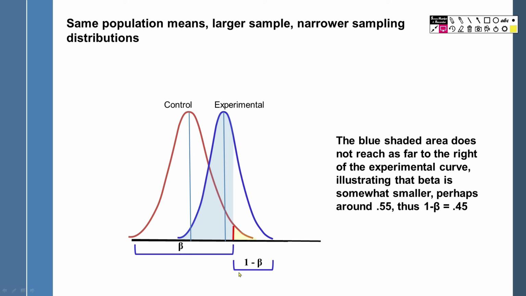You have a little bit more room here for 1 minus beta, a little bit more room for the experimental group to be found significantly different than the control. And looking at this by eye, I would estimate this to be about 45% power. Again, I'm not using real numbers here. These are diagrams that I created myself, and these are approximations to give you an idea what's going on.